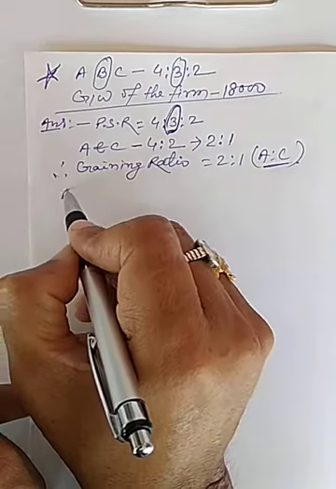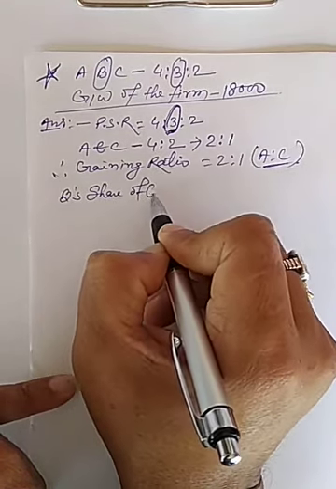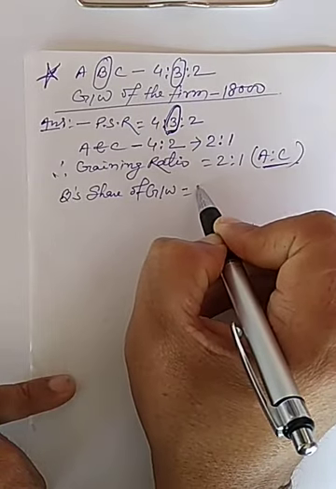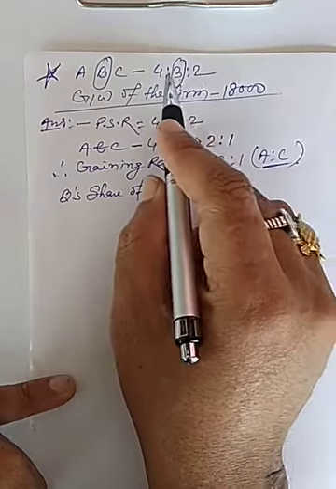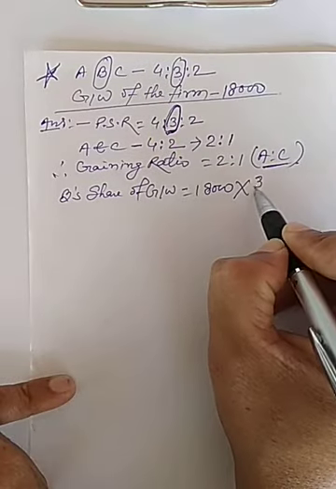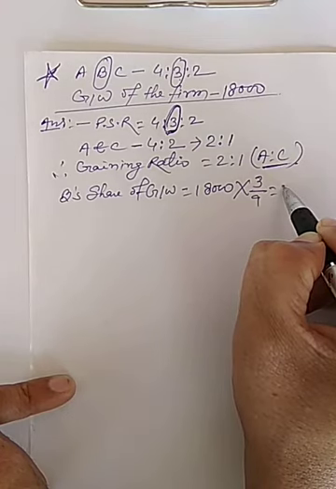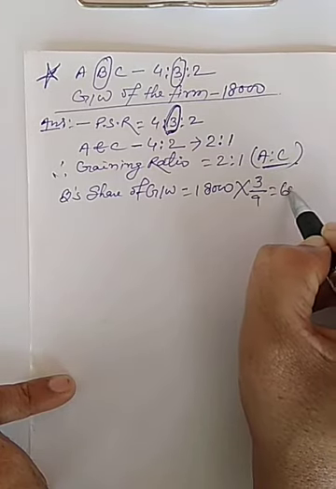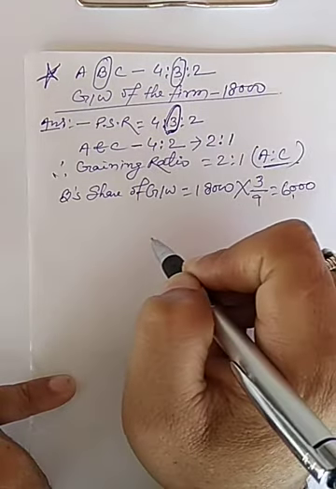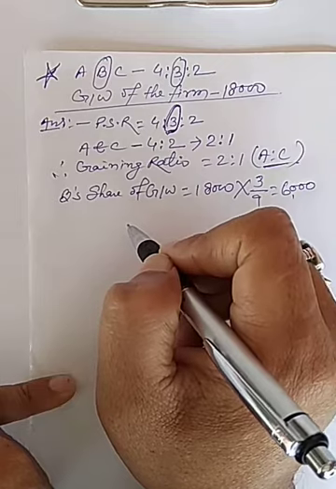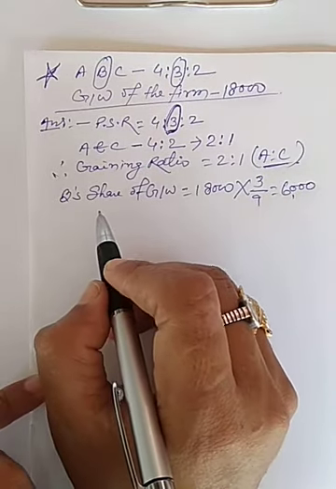Now B's share of goodwill will be 18,000 into 3/9. It will be 6,000. Now we will pass the journal entry.